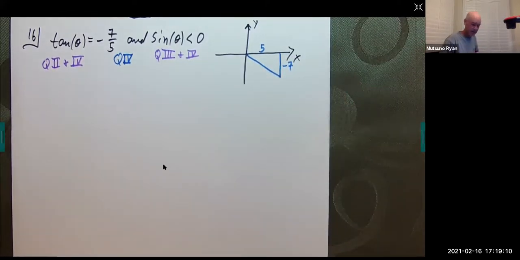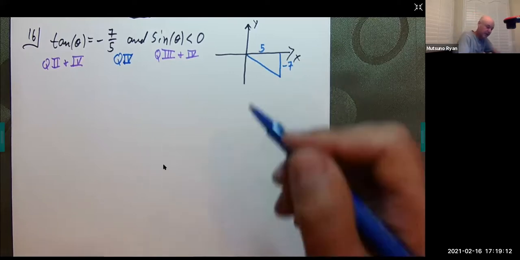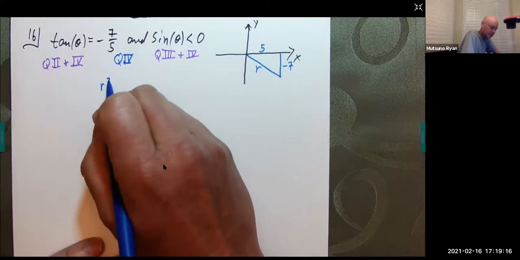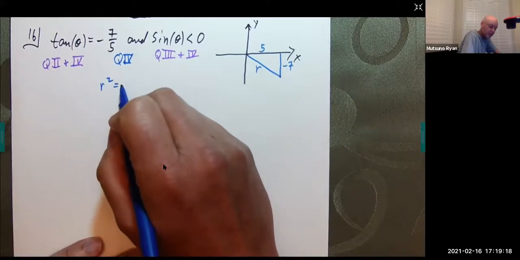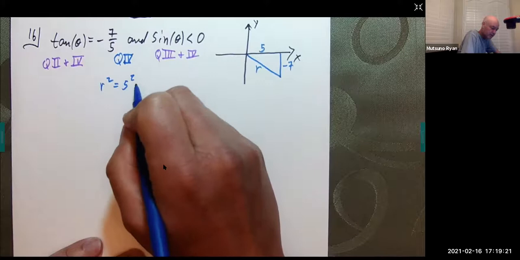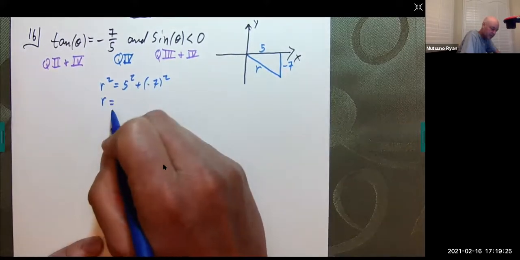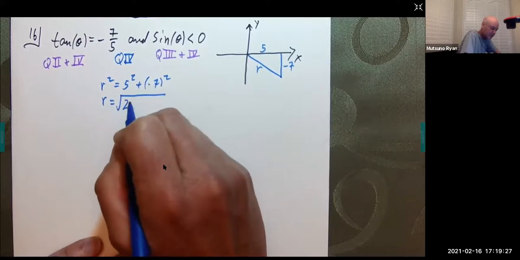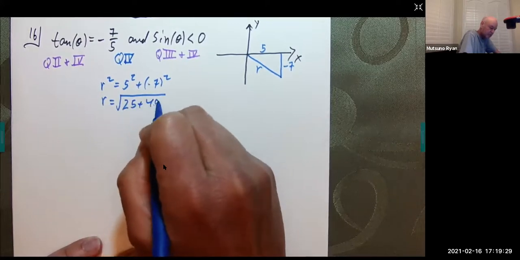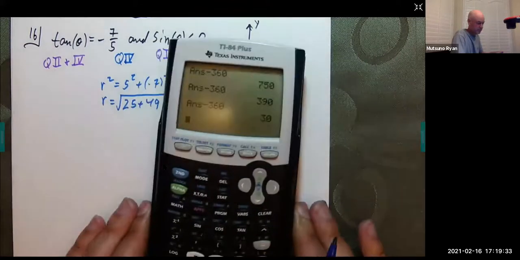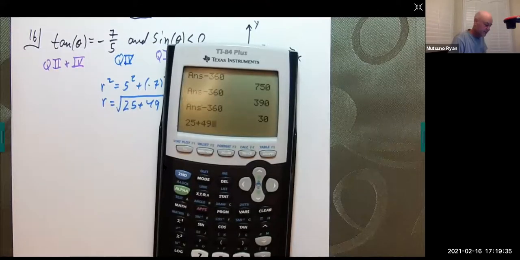So we are missing the hypotenuse. We'll call that r. I'm going to go r squared is equal to 5 squared plus negative 7 squared, 25 plus 49, 74.